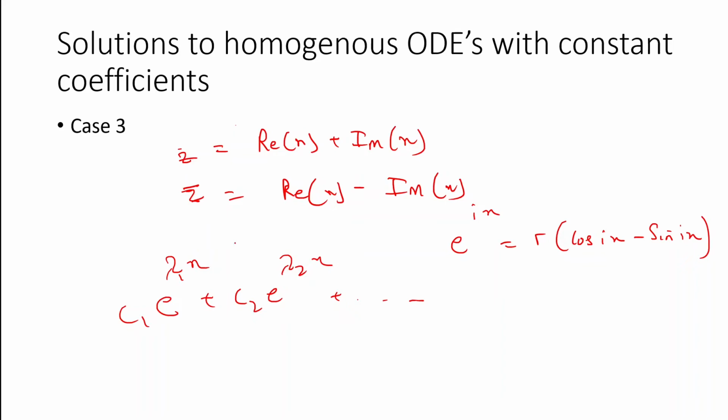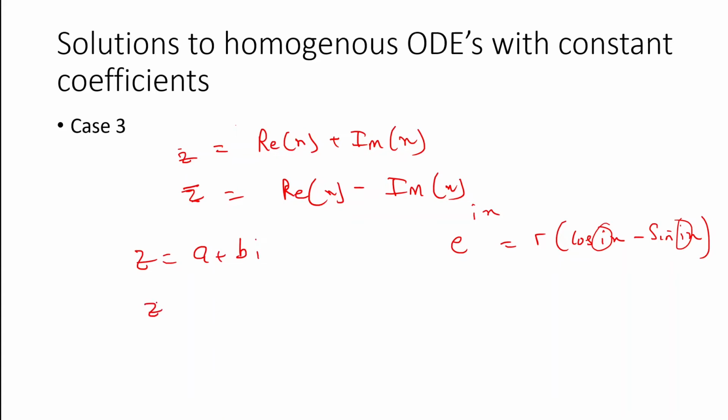So we can always rewrite it like that. Let's say one of our solutions z was a plus ib, then obviously the other solution is a minus ib.